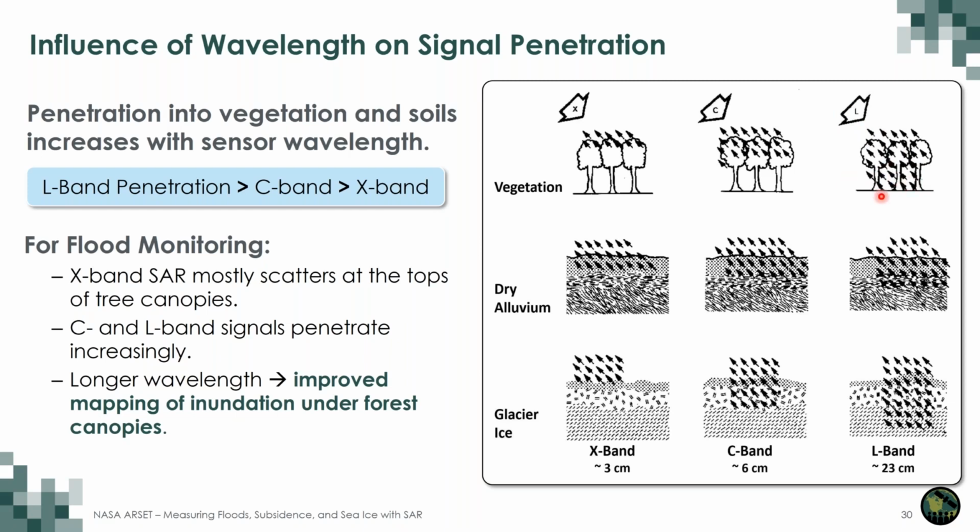So this means that L band is really useful for vegetation penetration and is much more useful for seeing water under the tree covers.